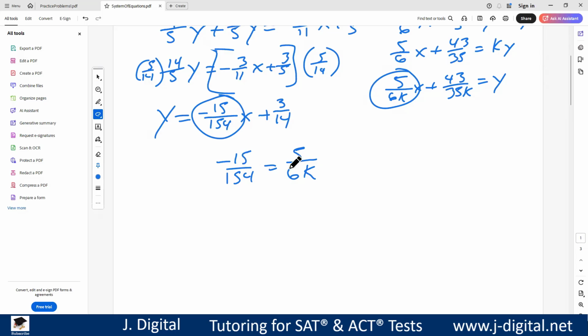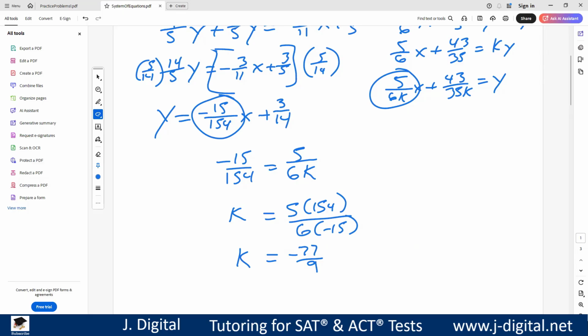And when you have something like this, you just move things diagonally. So I'm going to move k to the top there. I'm going to move 154 to the top here. And I'll move that negative 15 down there. Okay. We multiply that out, end up getting negative 77 over 9. Okay, so that would be our correct answer.